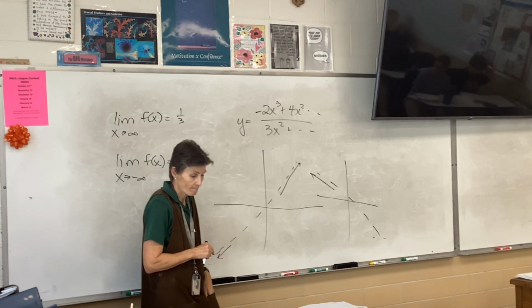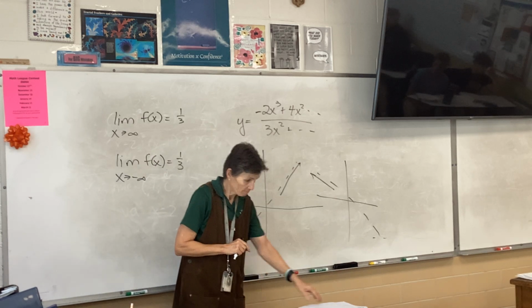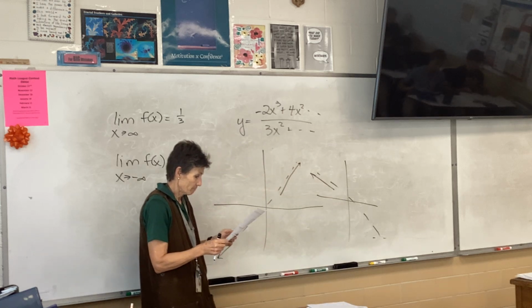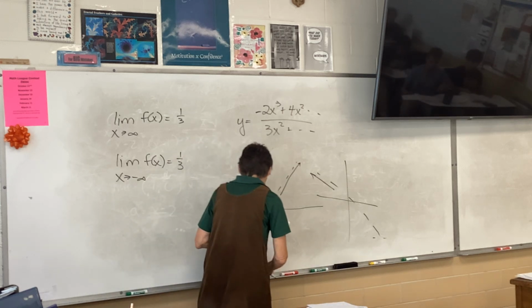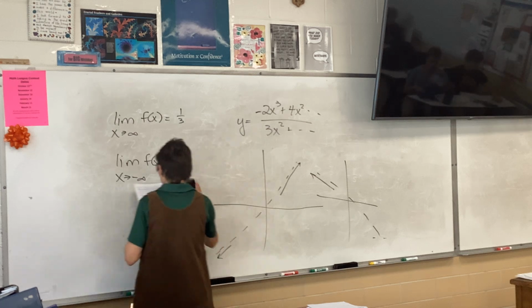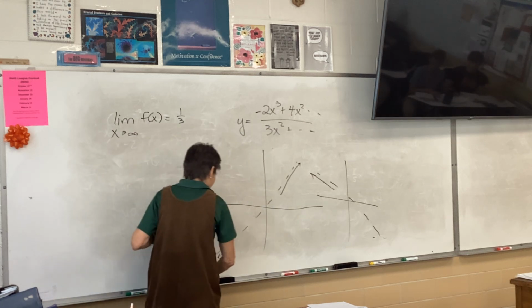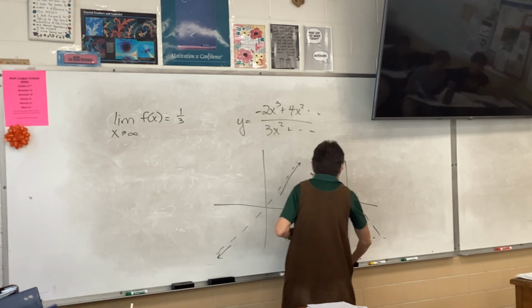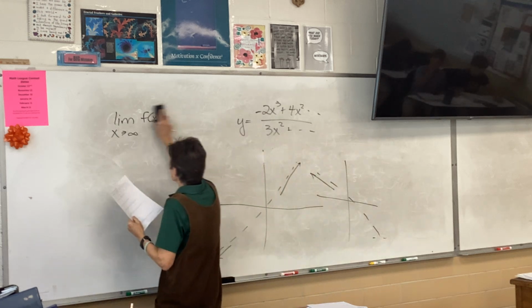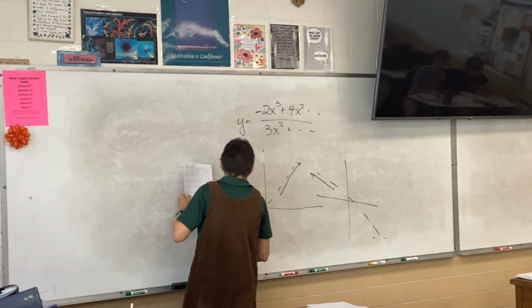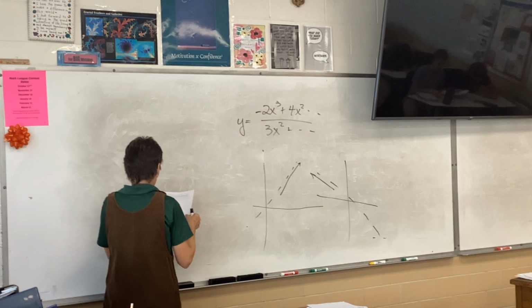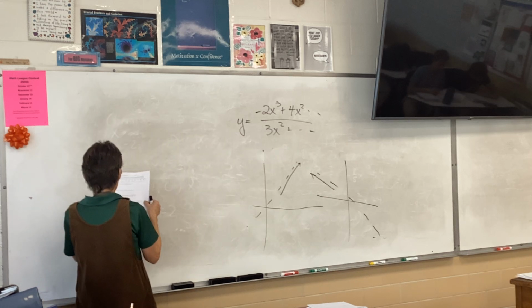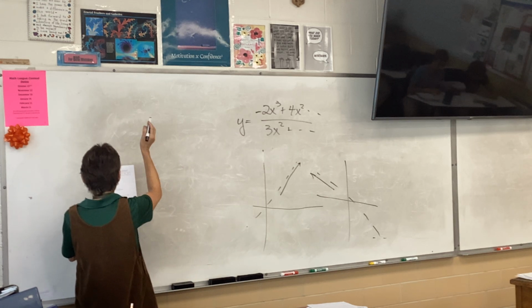Problem D on the Big Ten worksheet. Okay, I think we did this, didn't we? Did we? Oh, we didn't? Oh, no, you're right, I did it with the other class. It's on video, you can see it. The function has a vertical, okay, so first thing I have to do is factor everything.